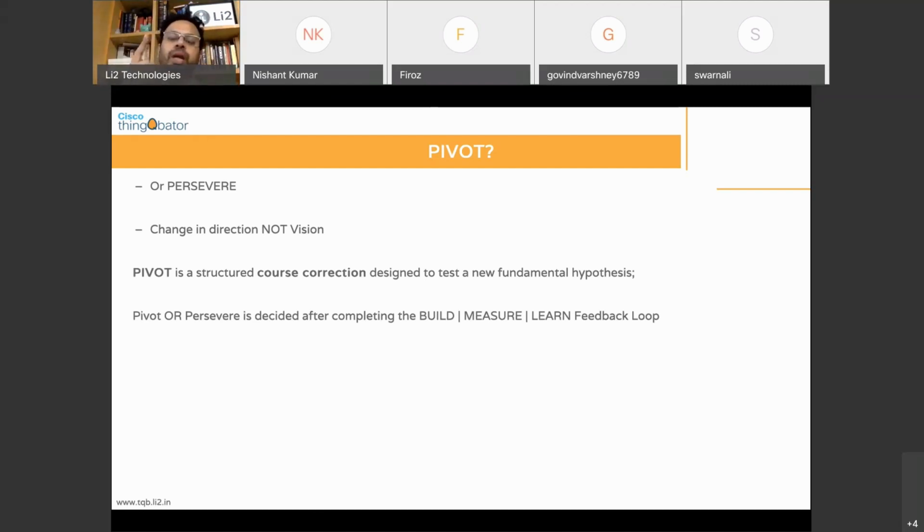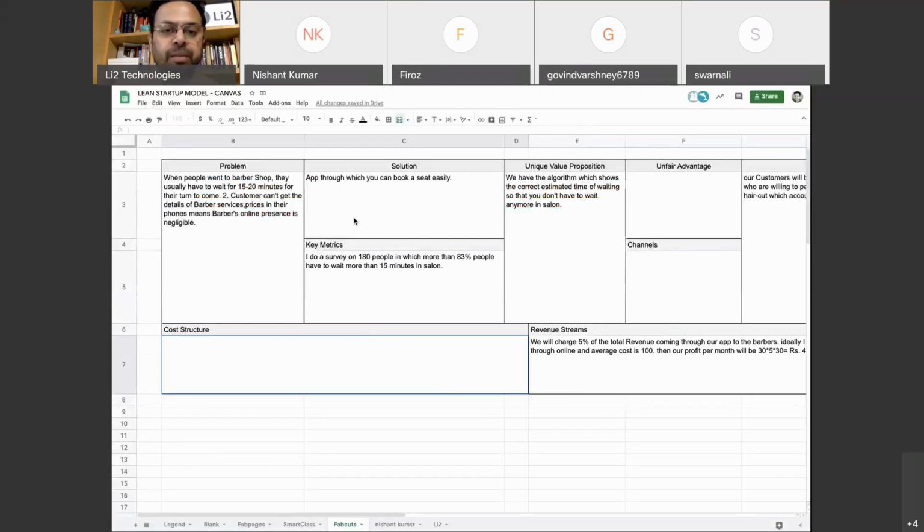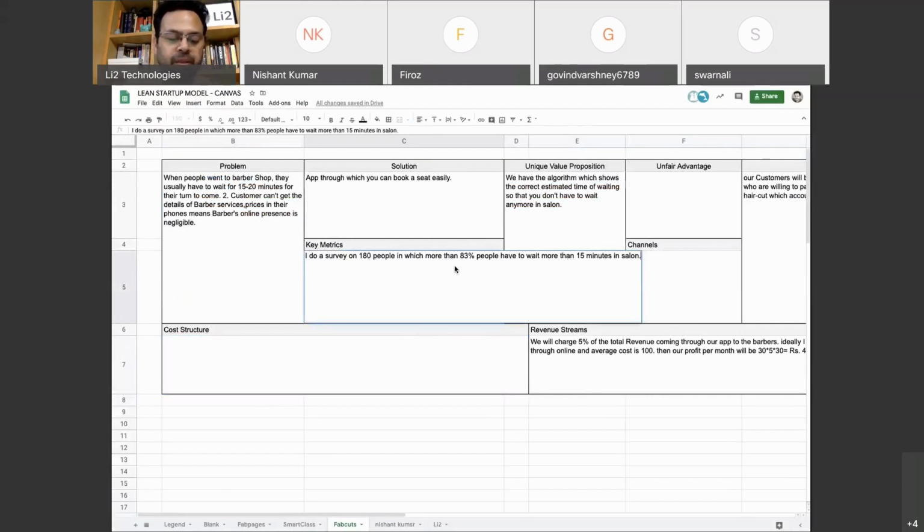So what you measure becomes extremely important. If I go back to your solution here, what are we going to measure? Key metrics here. This is not about time. Key metrics is new customers to each salon.